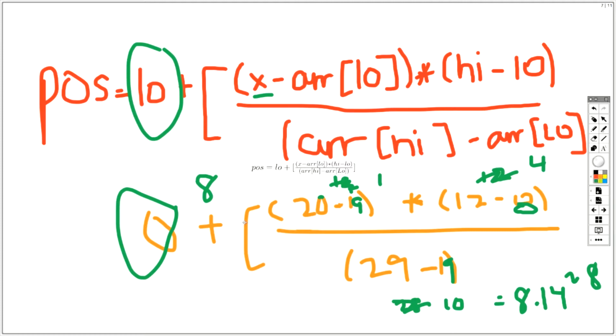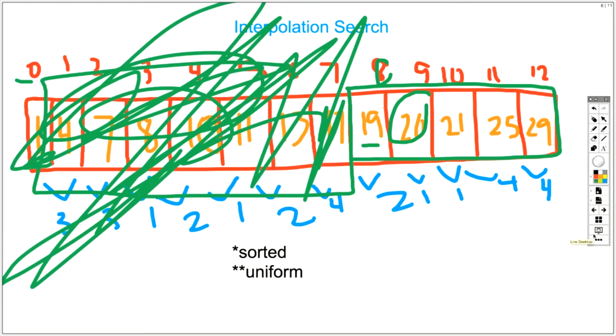So 1 times 4 divided by 10 is 0.4 plus 8. We get not 8.14, but 8.4. And the index, again, would lead up to 8, but 8.4 is quite close to 9.